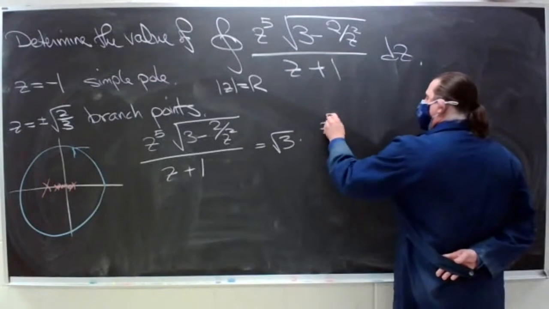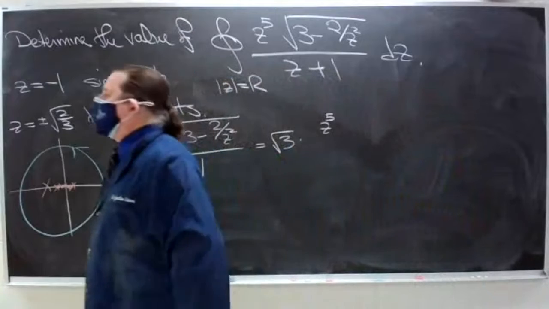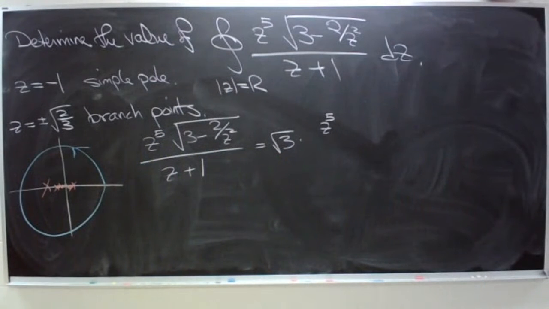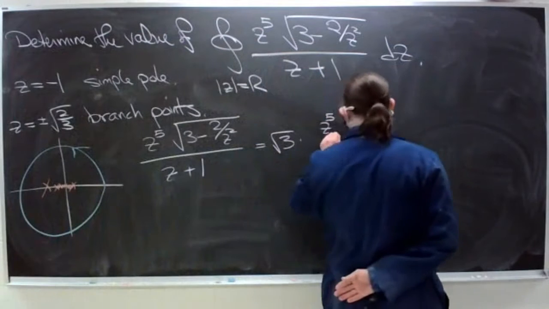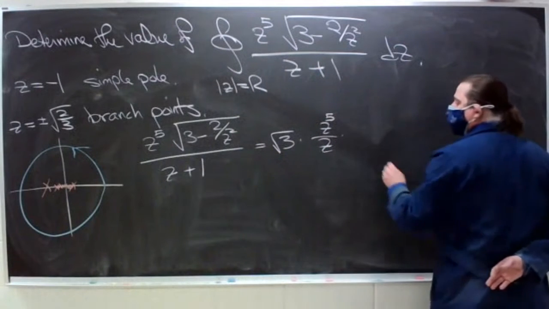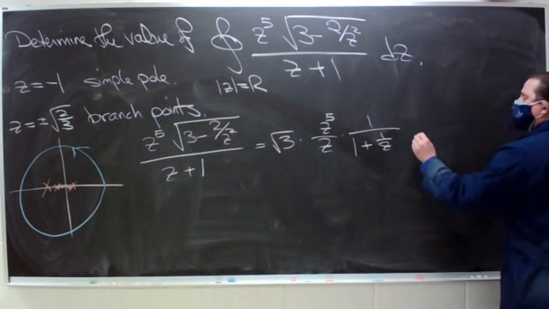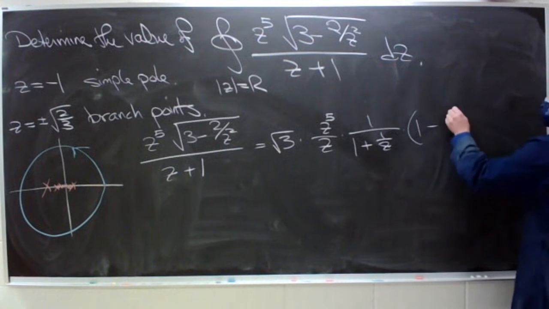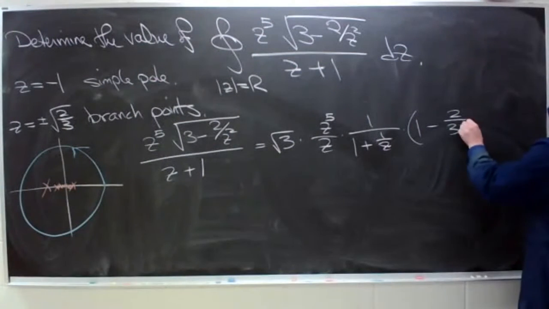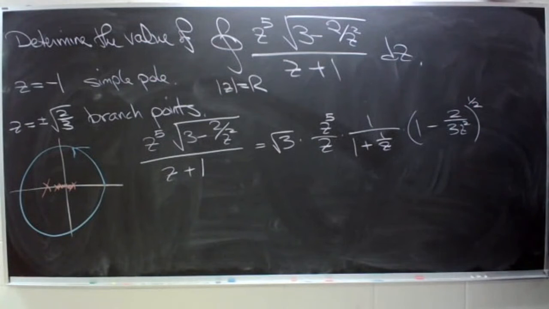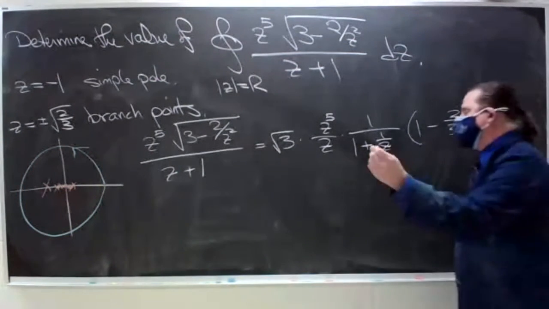I'll have z to the 5th. Down here, I want to divide by z. So I would get that. All right?